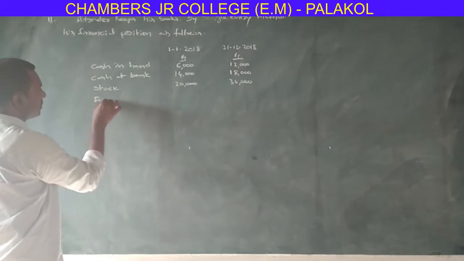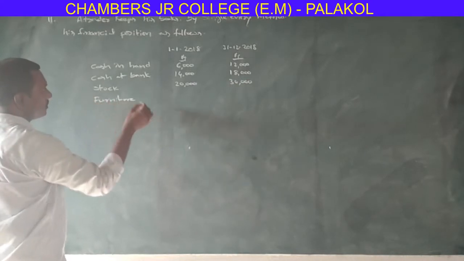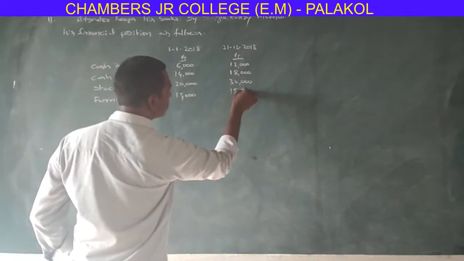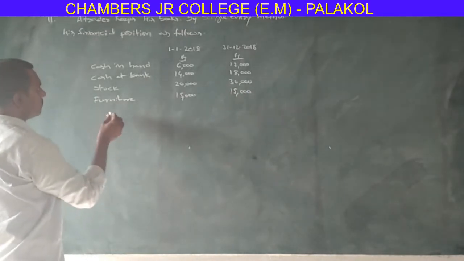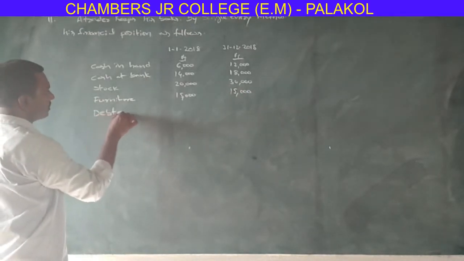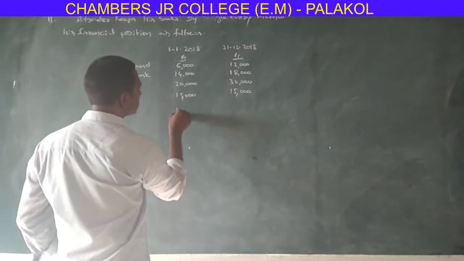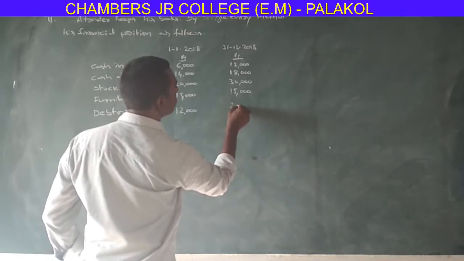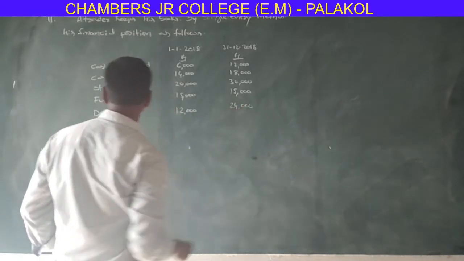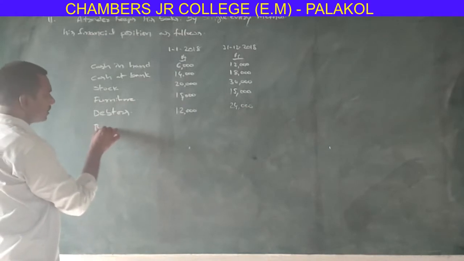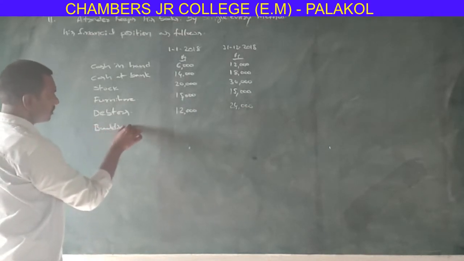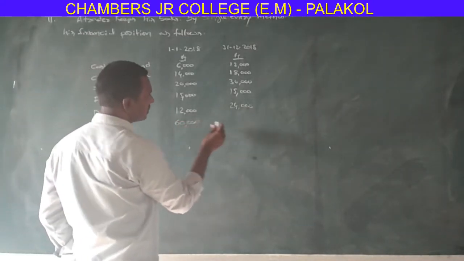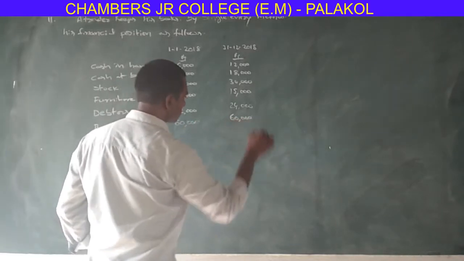Furniture, rupees 15,000, rupees 15,000. Debtors, rupees 12,000, rupees 24,000. Buildings, rupees 60,000 and rupees 60,000.